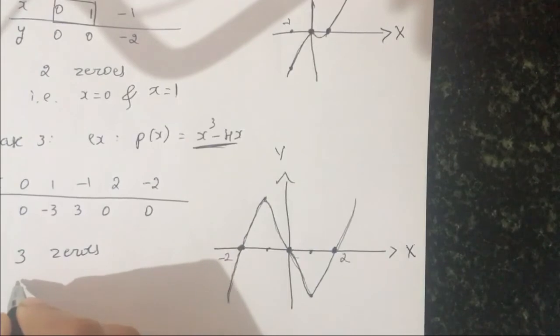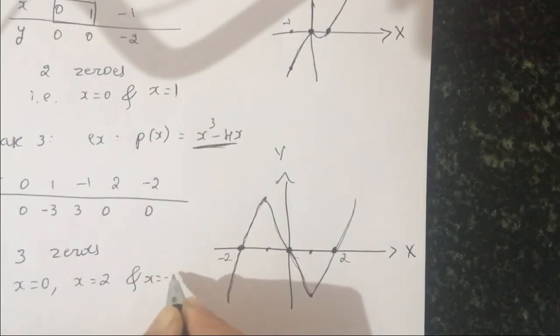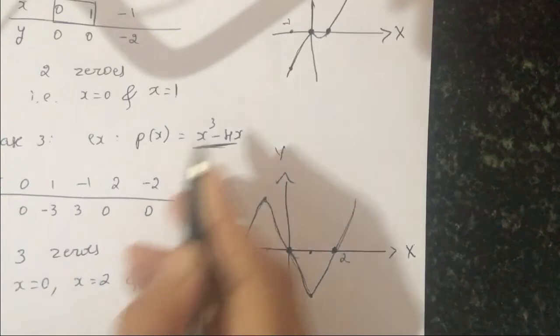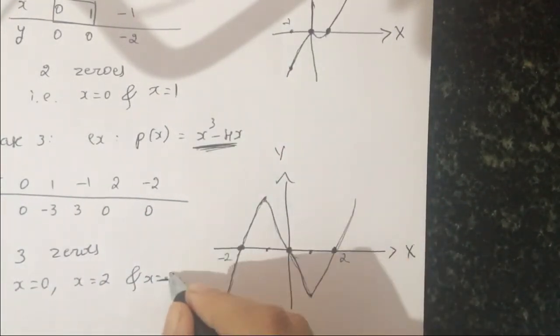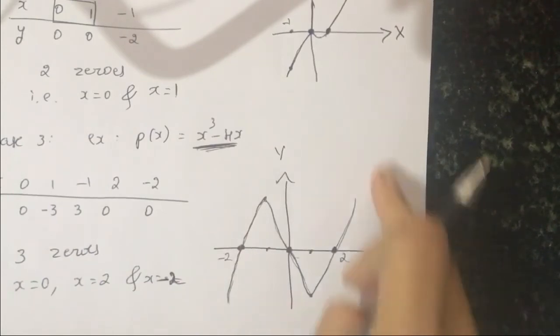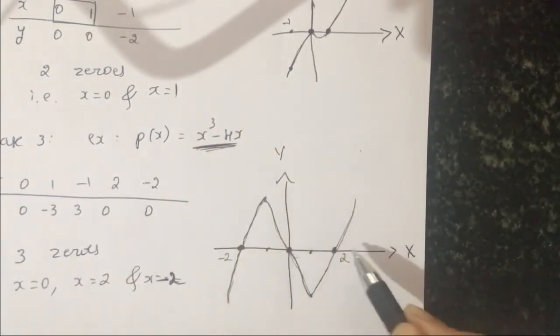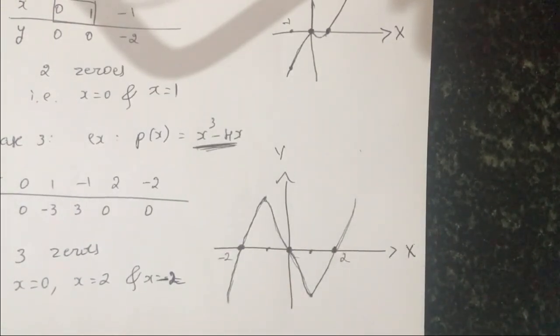They are x equal to 0, x equal to 2 and x equal to minus 2. You can always cross check by equating it to 0 and finding out the zeros of the polynomial. Just by looking at the graph of the polynomial, you can make out how many zeros it has got and what the zeros are. Okay.